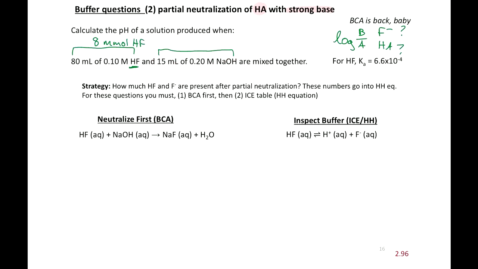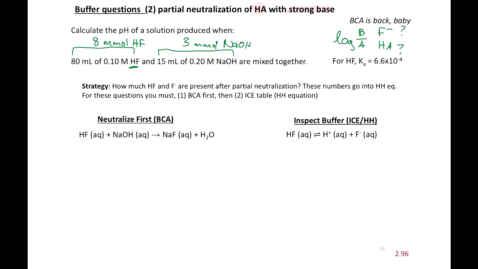Is that 3? I don't know. 15 times 0.2. Yes, it is 3. So I'm mixing 8 millimoles of HF and 3 millimoles of sodium hydroxide. So our base to acid ratio is not 3/8, because this is 3 millimoles of sodium hydroxide. I need to figure out how much F minus, the conjugate base, I have.